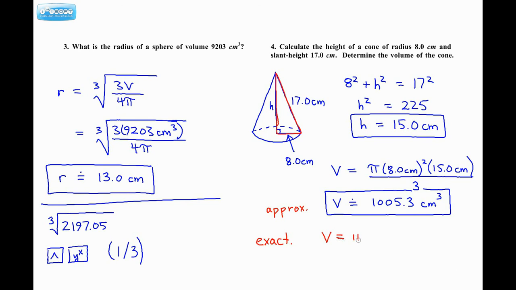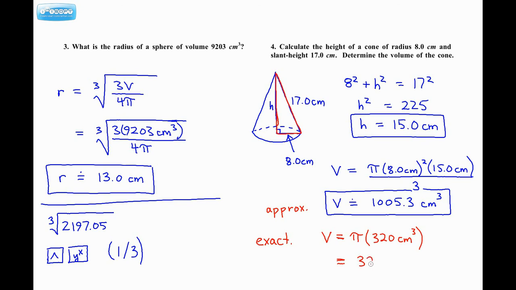Oops. So that's going to give me pi times 320, and that's cubic centimeters. But we're not going to leave it like this. Remember, whenever we multiply a number by some kind of mathematical symbol or a variable, pi is not a variable, but it's still a symbol, we always put the number in front. Always.